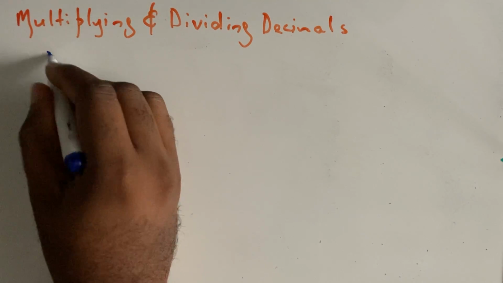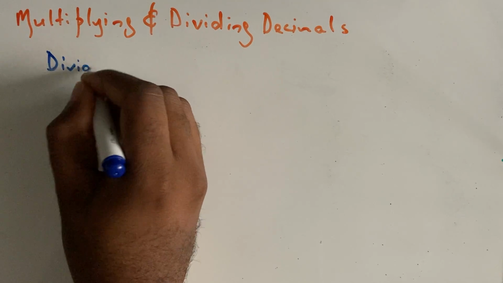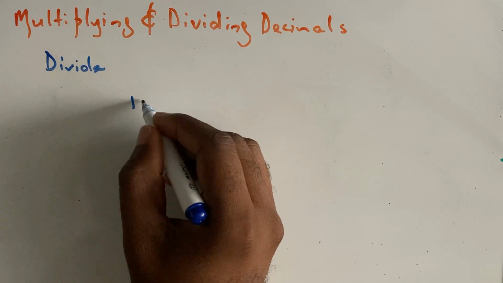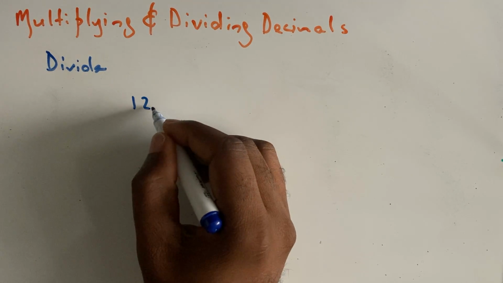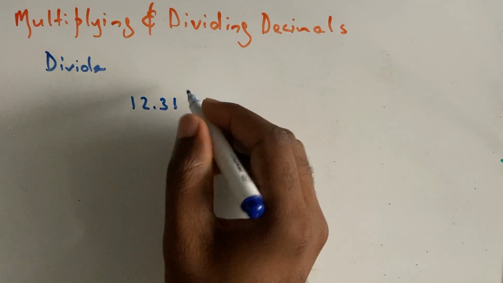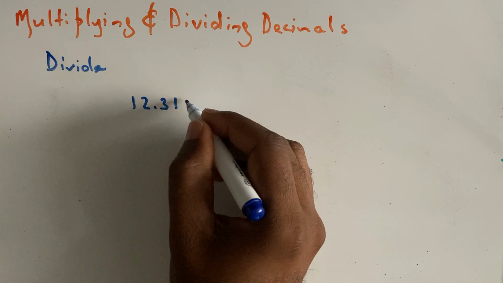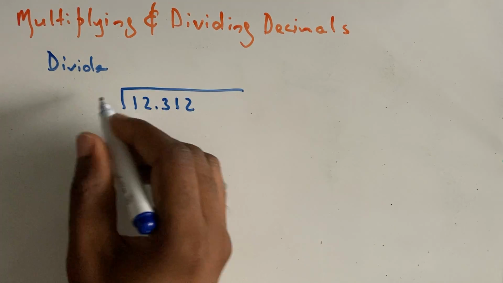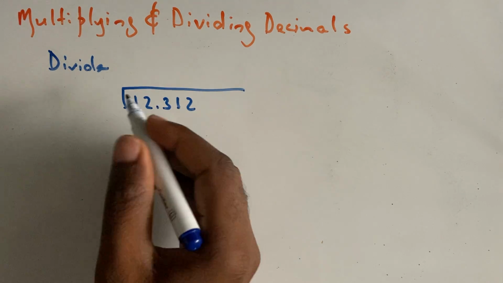If you have to divide 312 and you're gonna divide by 2.7.